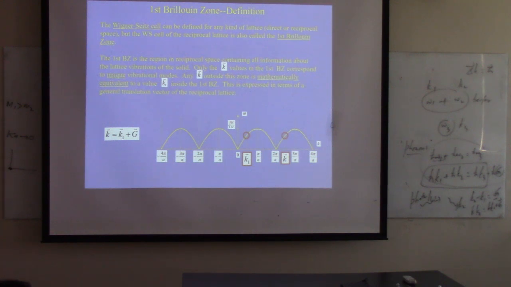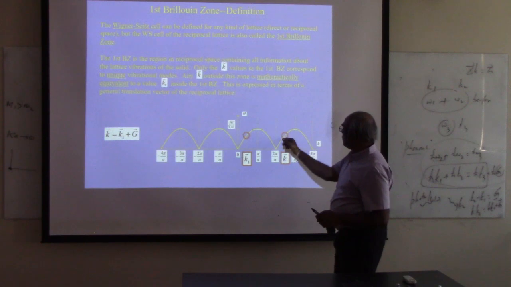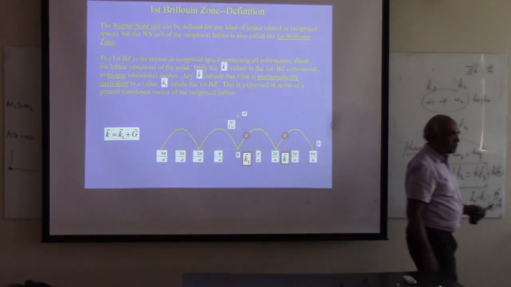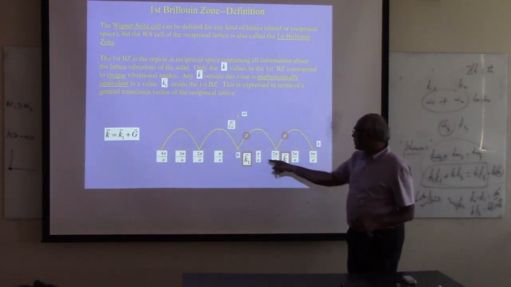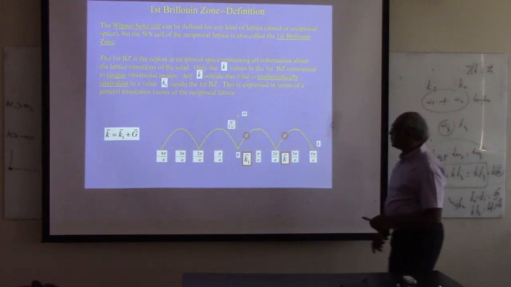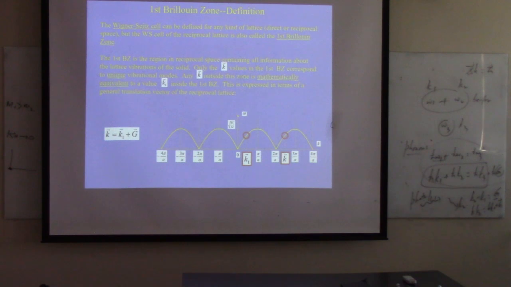So if it is a simple cubic, that's basically the same in all directions, right? This is the one-dimensional case we are showing. You can see just by subtracting G, you can bring it back to the original. So K1 means K minus G, right? That's what we are trying to say. You don't have to worry about anything other than your first Brillouin zone. That's the G vector. Is that clear for everyone?